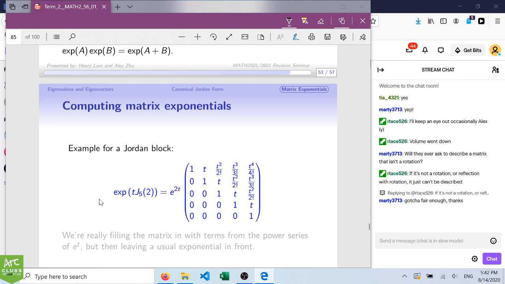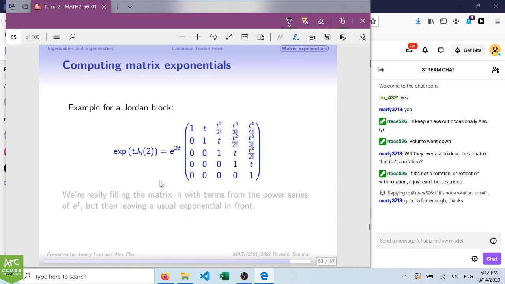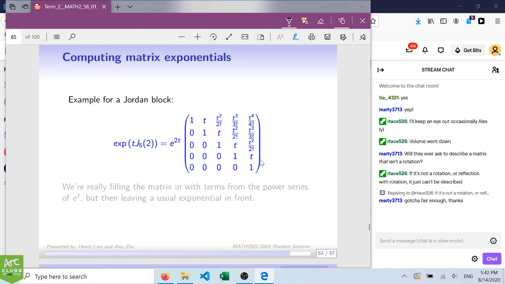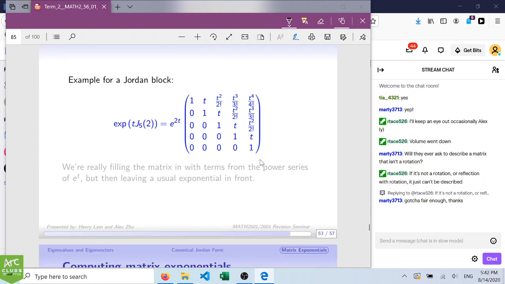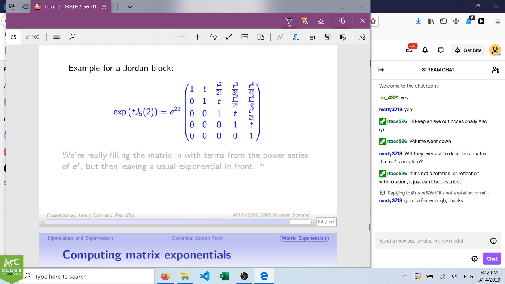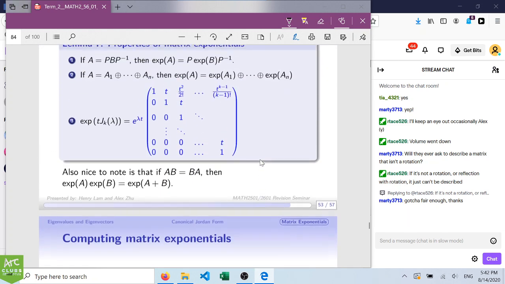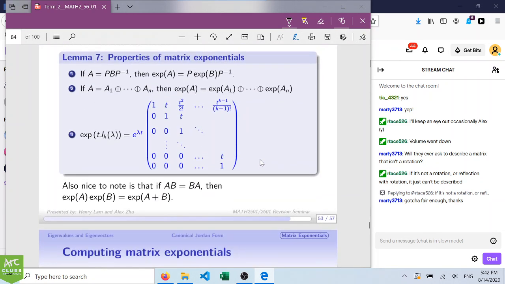Okay, so this exponentiation of a Jordan block will end up with this expression, and it basically looks like a Taylor series of your original block.